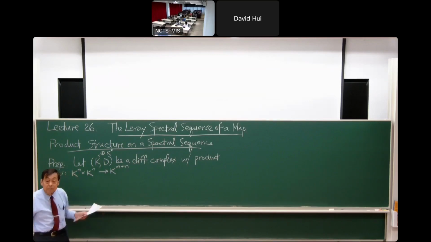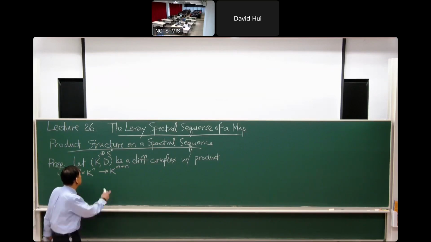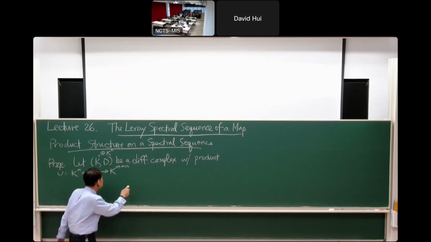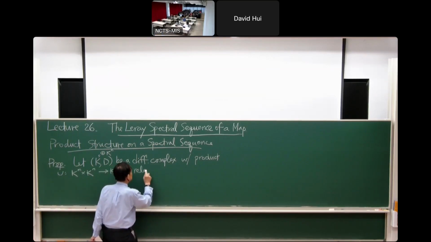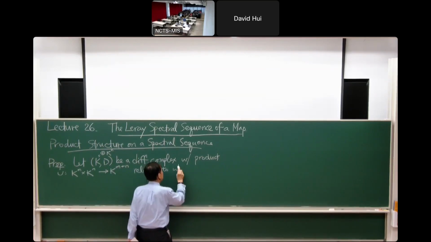A product is basically a bilinear map, right? And on a differential complex, you have this differential D. So we also assume that relative to the product, D is an antiderivation.